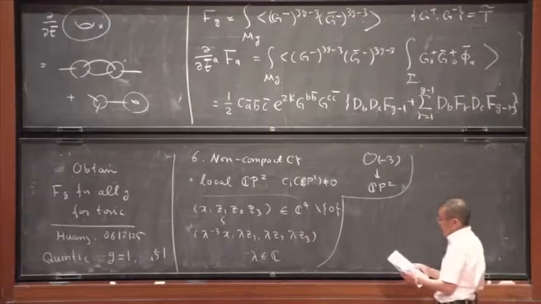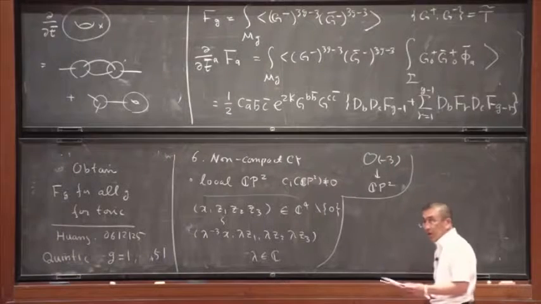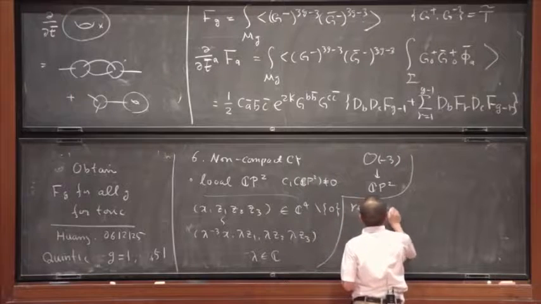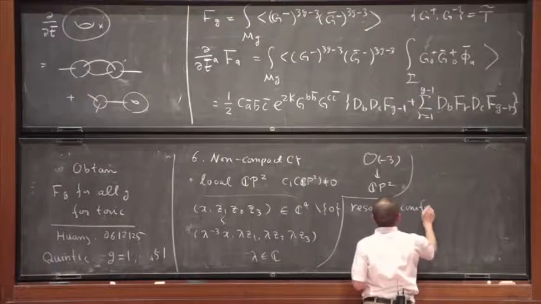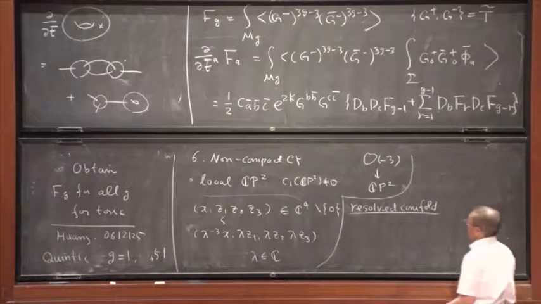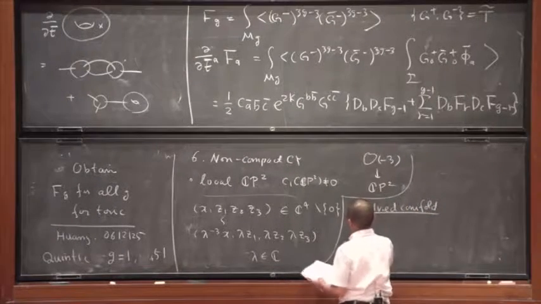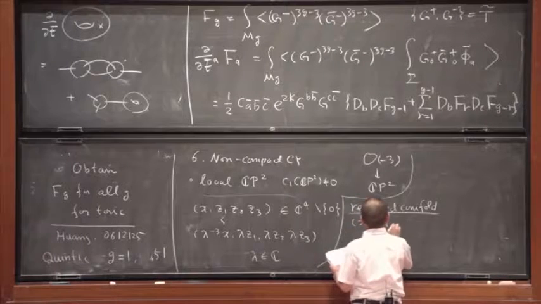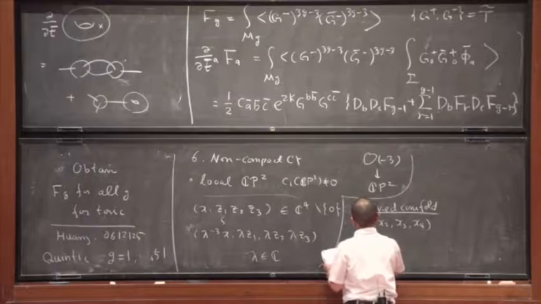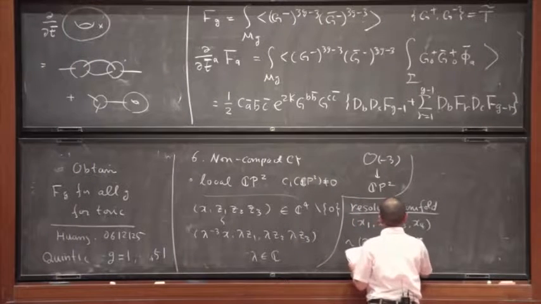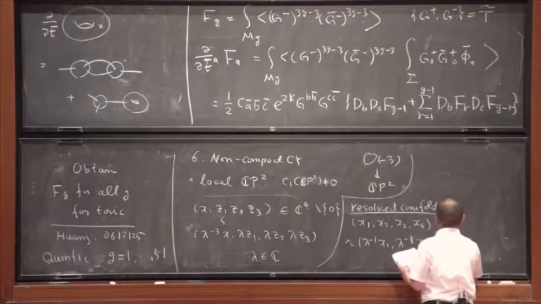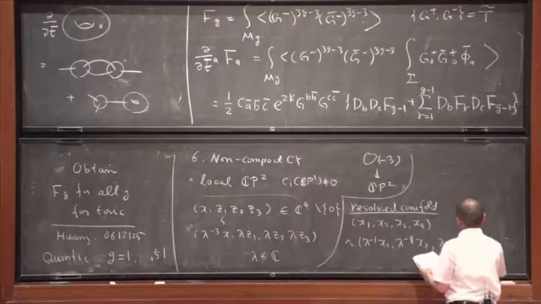Another geometry that often shows up in this kind of literature is a resolved conifold. And so that is similar in spirit, but now the identification will be like that.